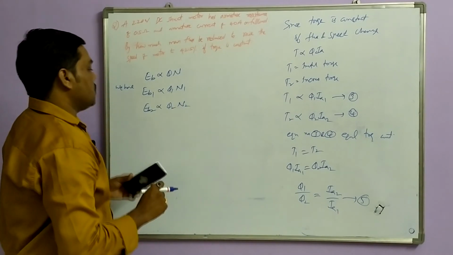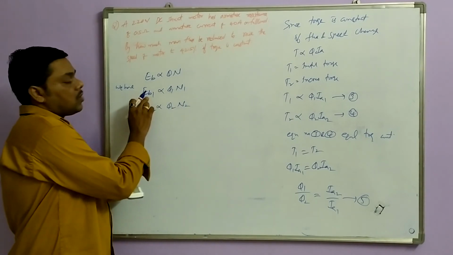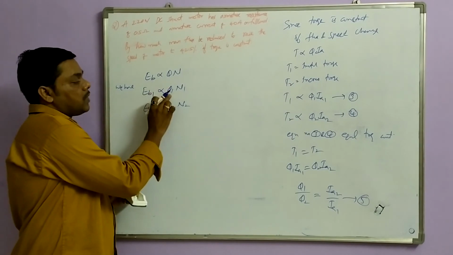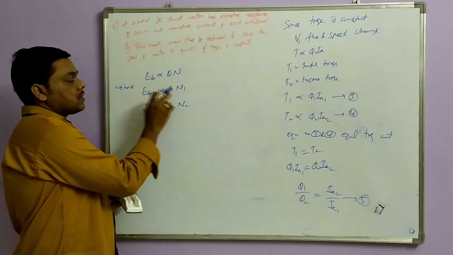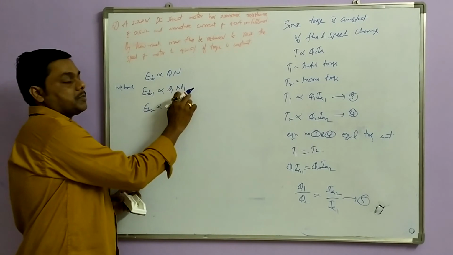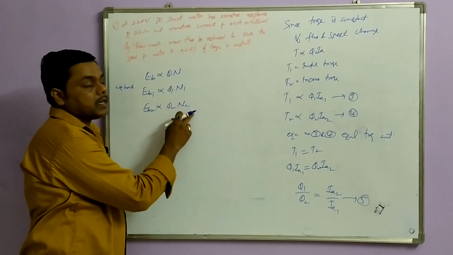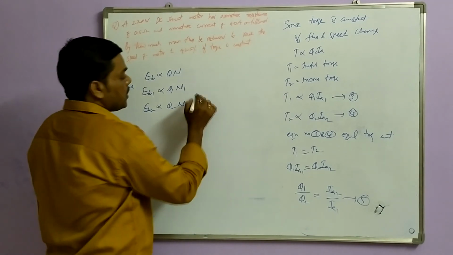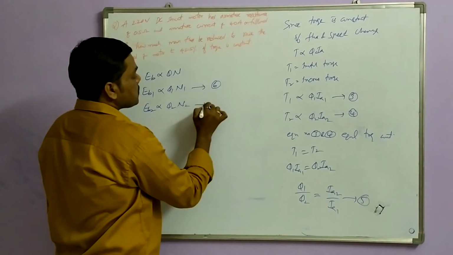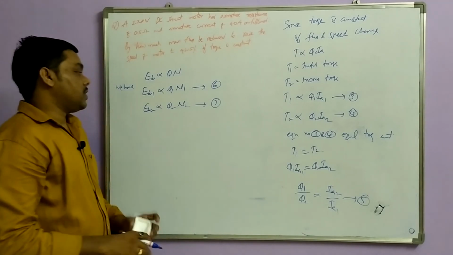EB1 is the back EMF at 40 amperes, with initial flux and initial speed, and then the increased back EMF, increased flux and increased speed. These are equation number 6 and equation number 7.